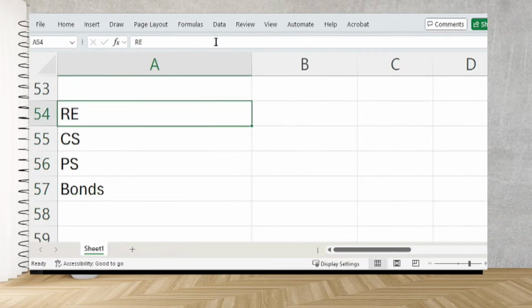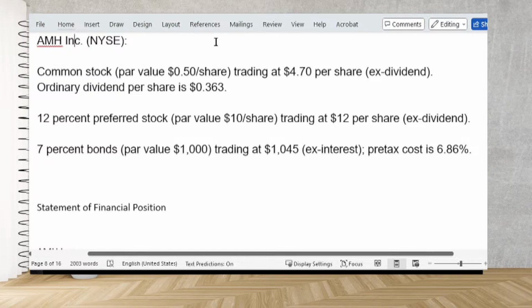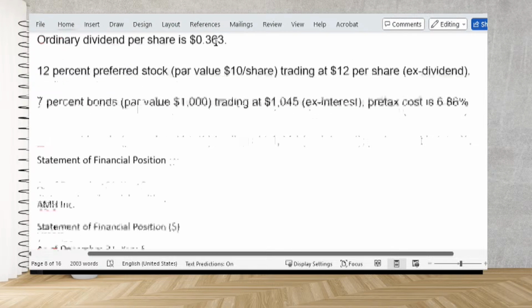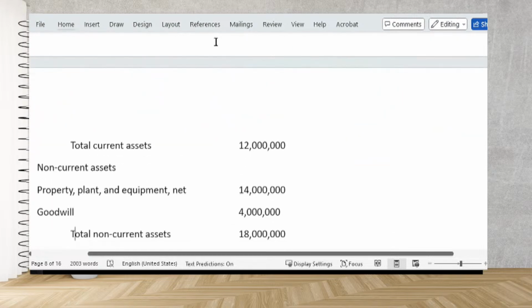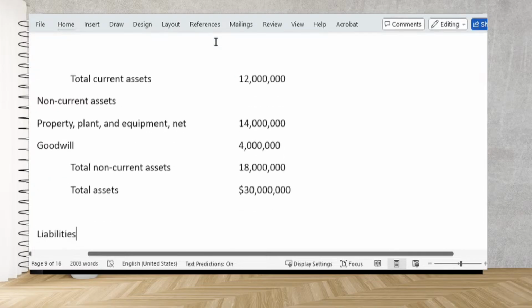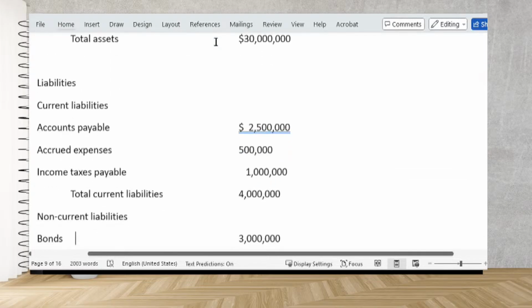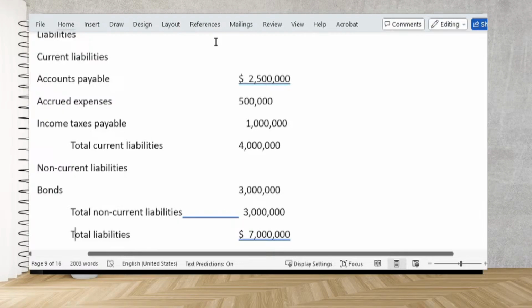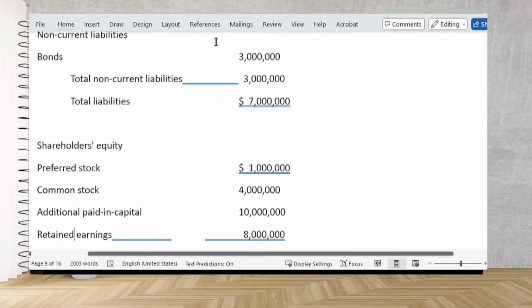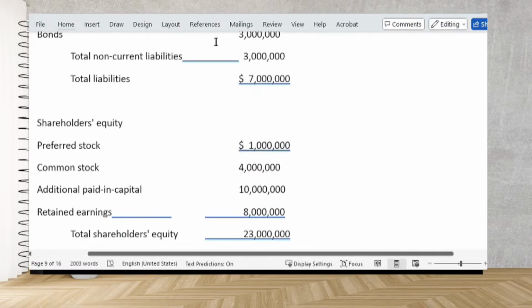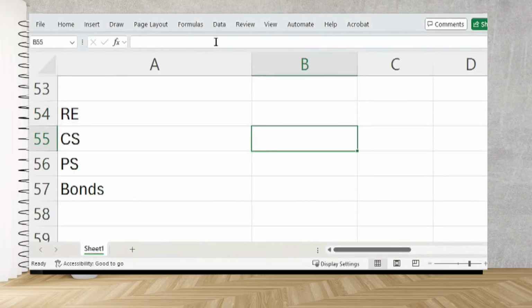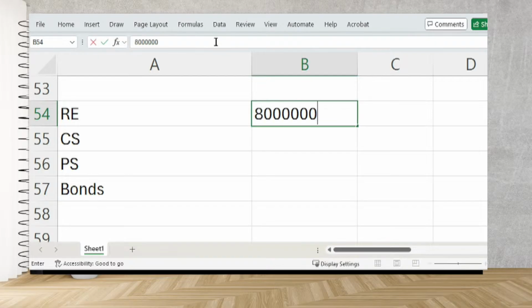We know the market value. Retained earnings we can get from the balance sheet. It's 12%. 8 million. Yeah. Anyone has any doubt? No, sir. Yeah. So retained earnings is 8 million.